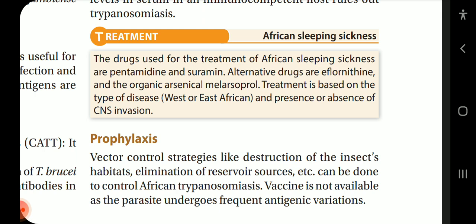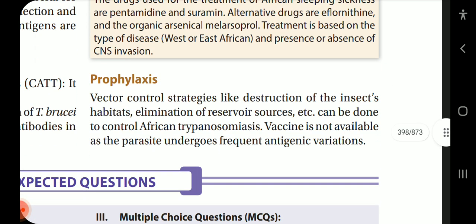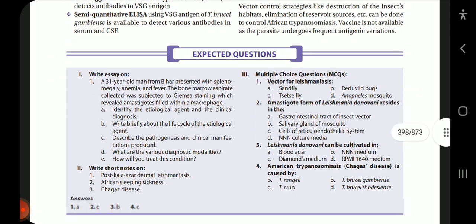Treatment is based on the type of disease, West or East African, and presence or absence of CNS invasion. Prophylaxis: vector control strategies like destruction of the insect's habitat, elimination of reservoir sources, etc., can be done to control African trypanosomiasis. Vaccine is not available as the parasite undergoes frequent antigenic variations.